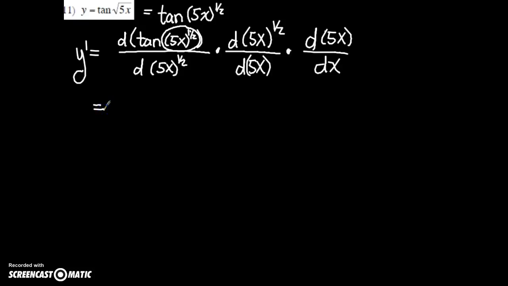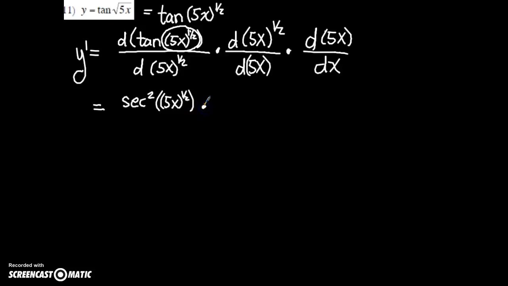Okay, let's start doing derivatives now. Now we can take the derivative of tangent, which is secant squared. Something you have to memorize. Well, secant squared of 5x. If this helps, maybe that helps clear it up a little bit.